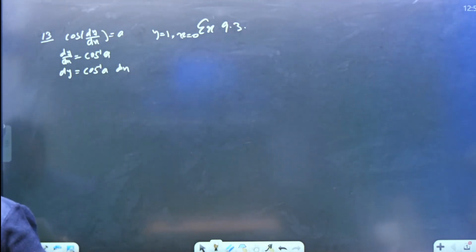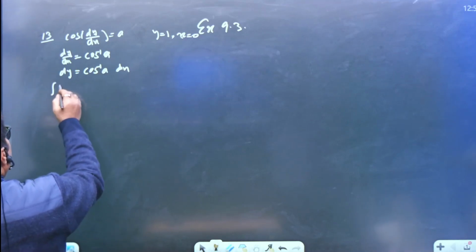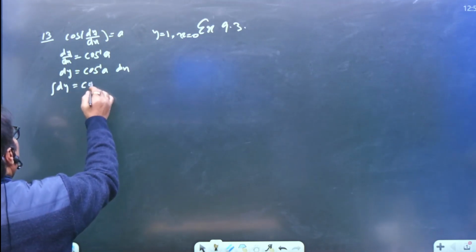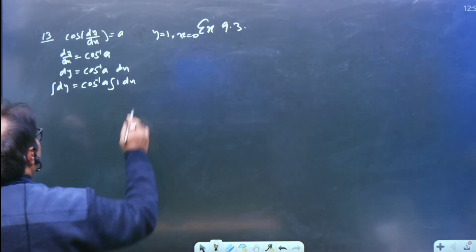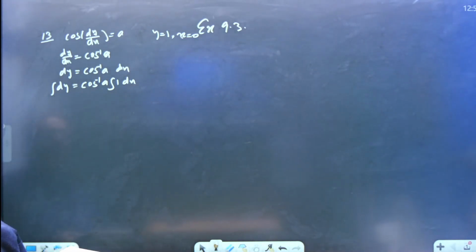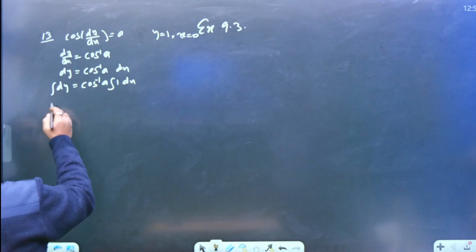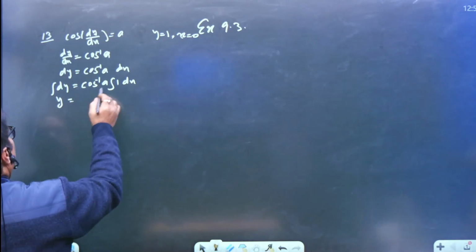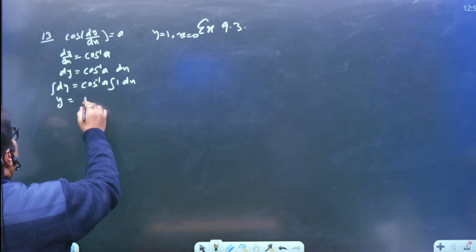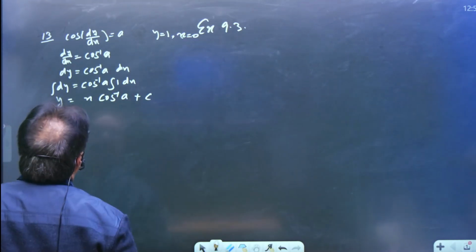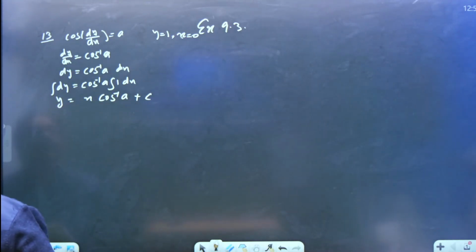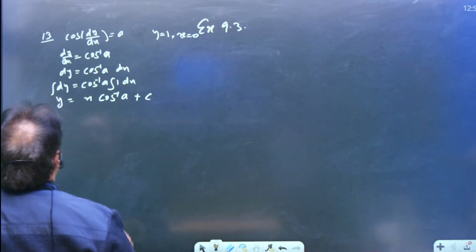Okay, so integration of dy is equal to cos inverse a is constant, so integration of 1 dx, variable separable property applied, and the integration of dy is y, and the integration of 1 is x, so we can write x cos inverse a and plus c. Okay, and what is given, y is 1 and x is 0.